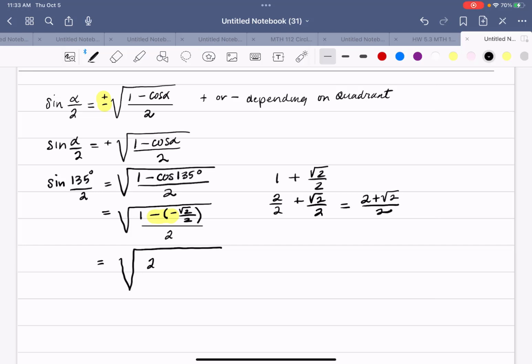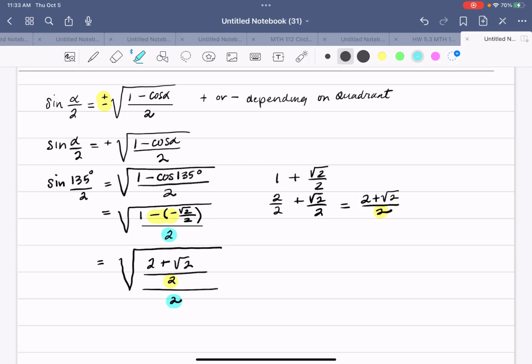So 2 plus the square root of 2 over 2, over 2. Because this first 2 comes from the numerator and the second 2 comes from this original denominator.